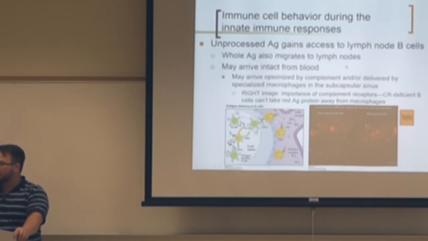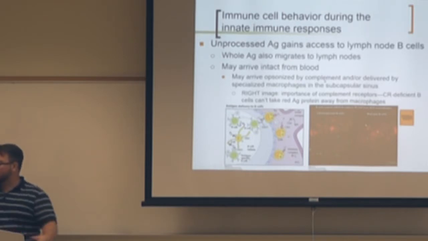Remember, we're constantly flushing fluids through our tissues and moving them through the lymphatics. Antigens can also arrive intact from the blood, through the spleen. These antigens can arrive opsonized.